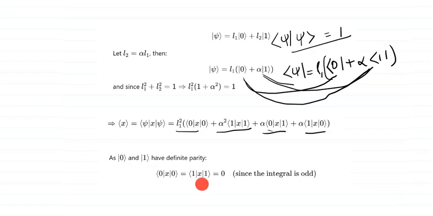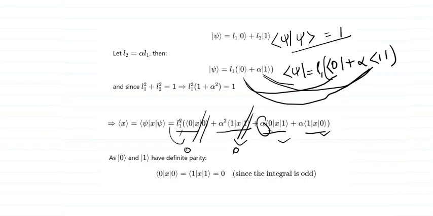So the integration of this odd parity will give 0. So the integration of these two terms will become 0. Remaining we are having 2 terms. Here the coefficient is L1 square into alpha.